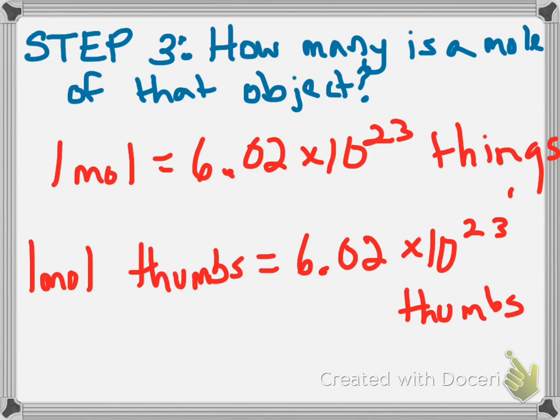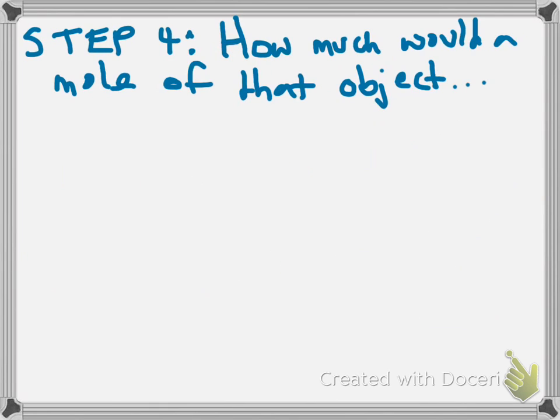So for step 3, I just need to say a mole of my object, a mole of thumbs, is 6.02 times 10 to the 23rd thumbs. 602 sextillion thumbs. That's a lot of thumbs.